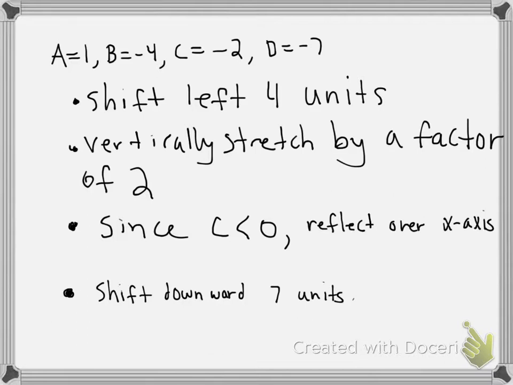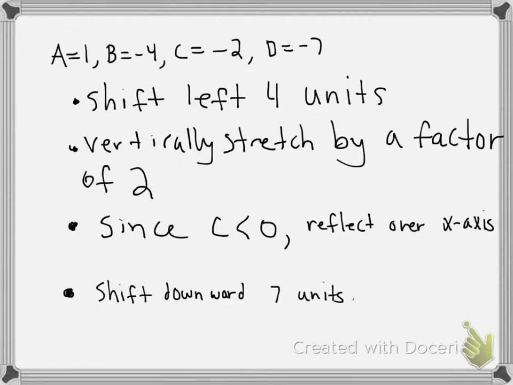So again, A was equal to positive 1. That meant that there was no horizontal scaling, and there was also no horizontal reflection. Capital B equaling minus 4 told us we should shift the graph left 4 units. C equals negative 2. We first ignored that negative sign, and that told us to vertically stretch by a factor of 2.